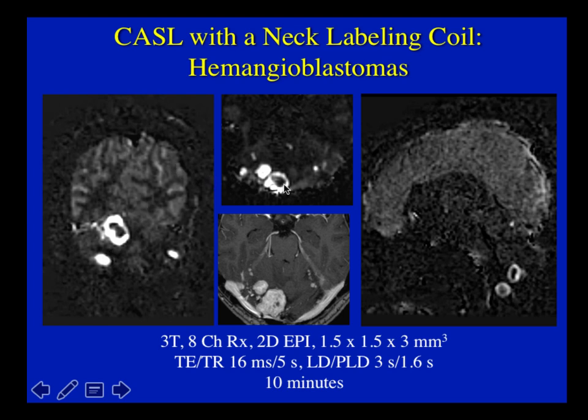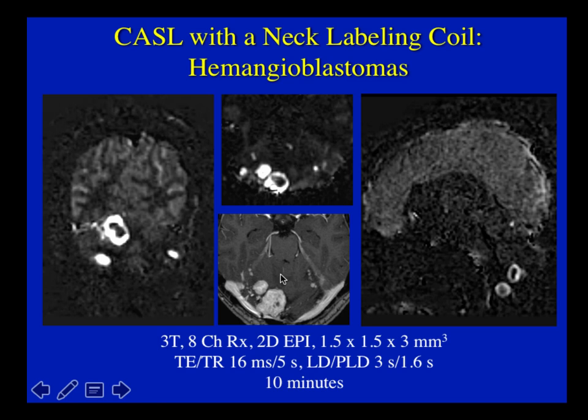These are coronal images, and here's an axial image through the same tumor. We can see the low blood flow in the center as well as the high blood flow in the periphery. On the bottom here we have the matching slices.